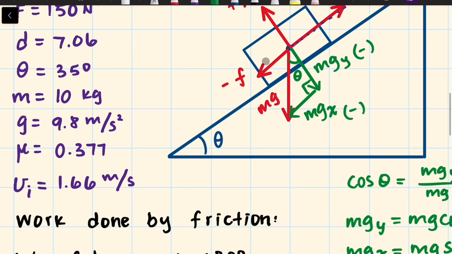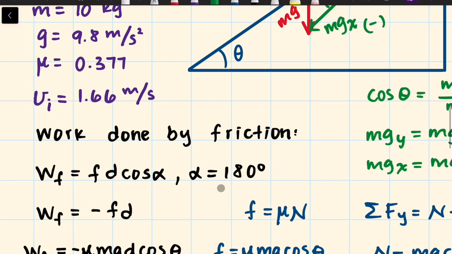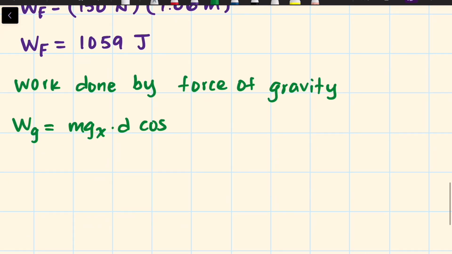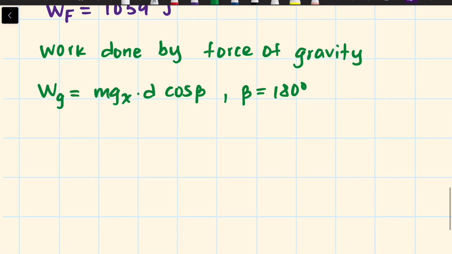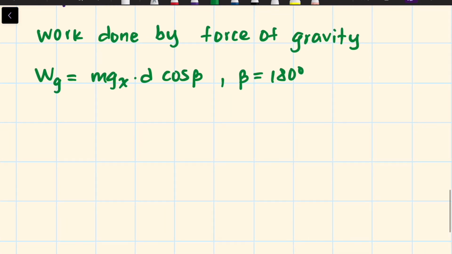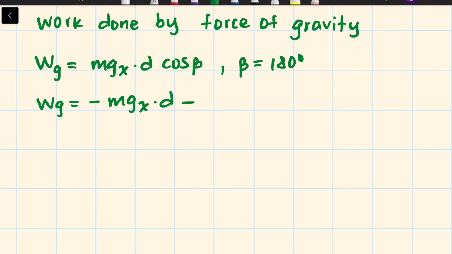So I'm going to use a third Greek letter, but the angle is going to be the same as the force of friction because it's 180. It's doing negative work. So I'm going to say beta, and I know that beta is 180 degrees. So therefore, the work done by gravity is minus mg_x times displacement, because the cosine of 180 is negative 1.